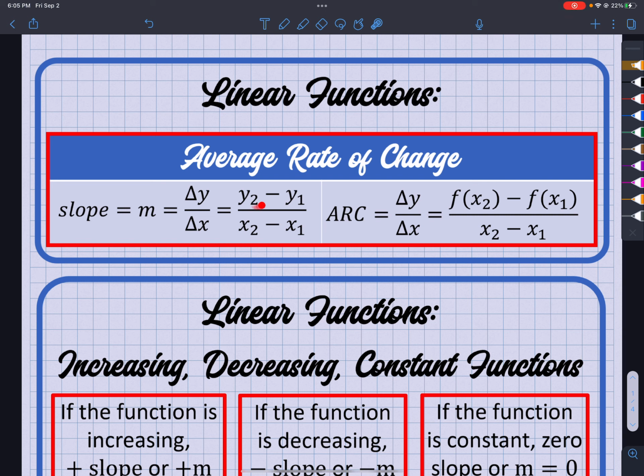So if this is y sub 2, which corresponds with x sub 2, then we're looking at f of x sub 2 minus f of x sub 1. So I'm still talking about the slope here, but the y just looks different. And we call this the average rate of change, all right?